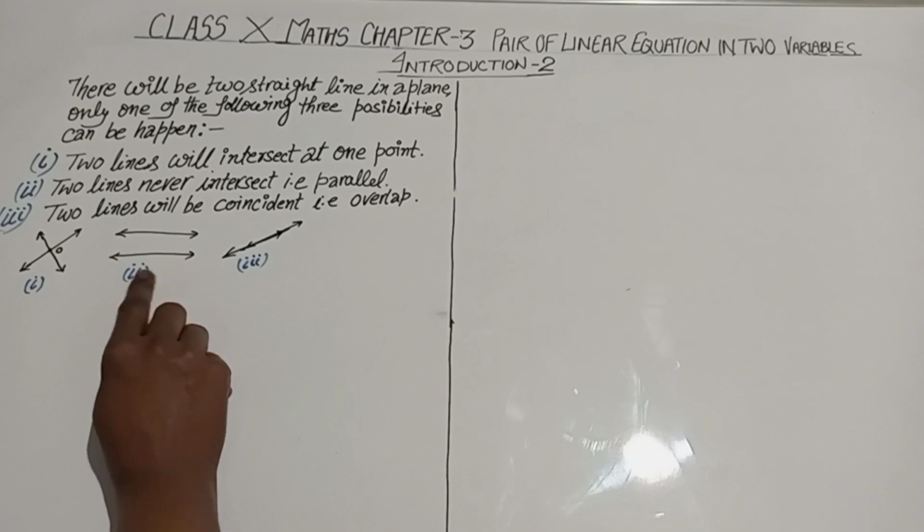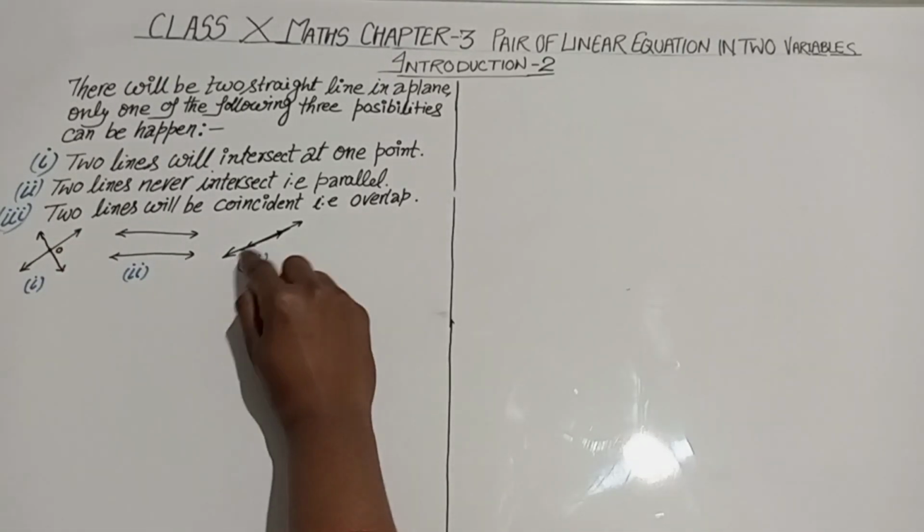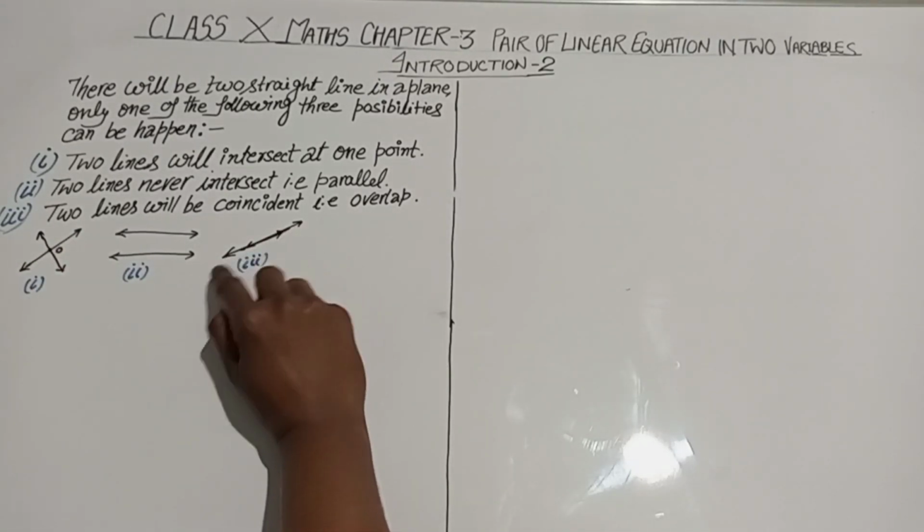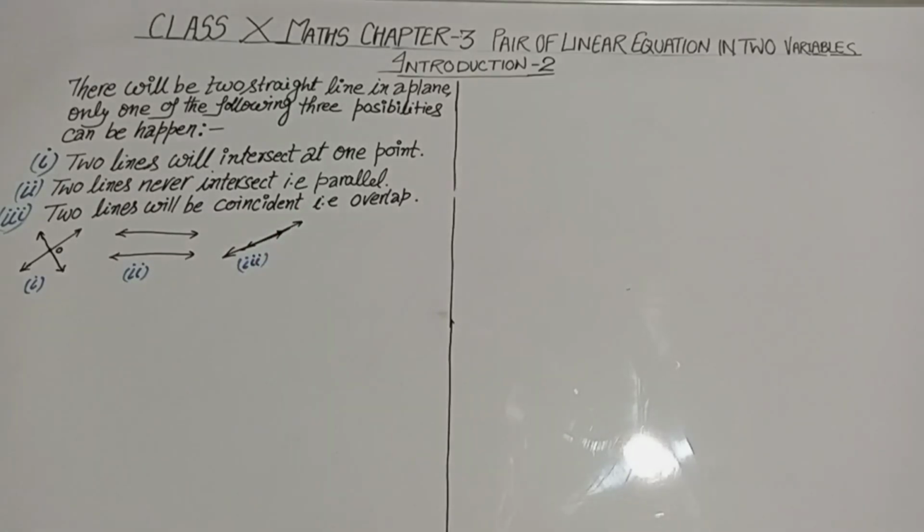The third is that the two lines are coincident, that is, they overlap each other. So these three possibilities can happen.